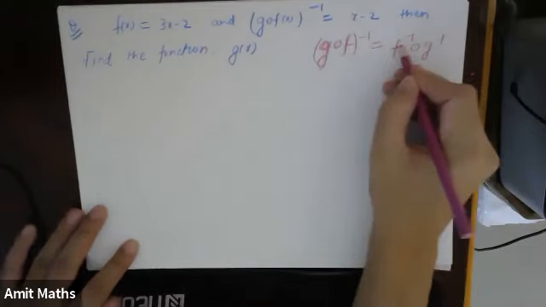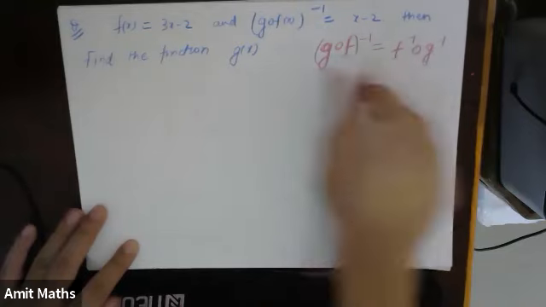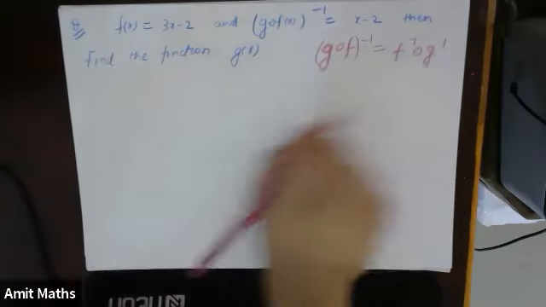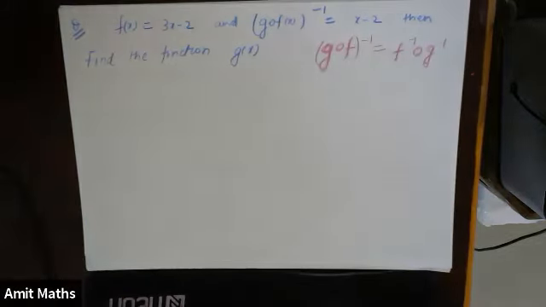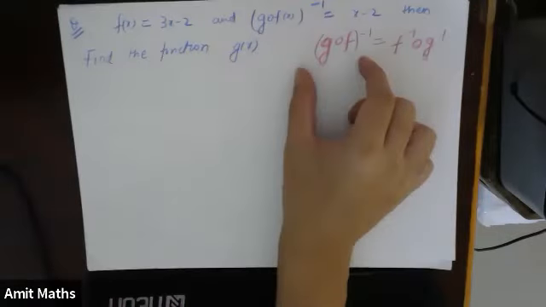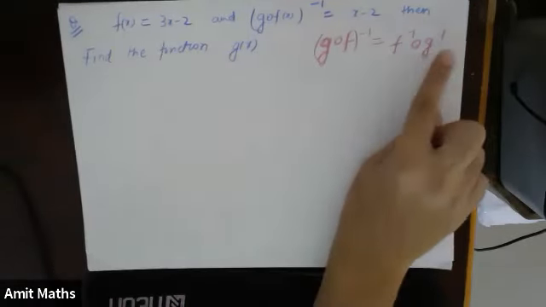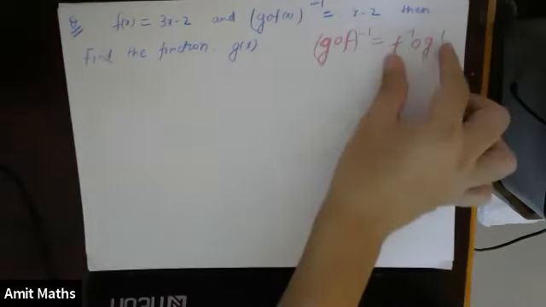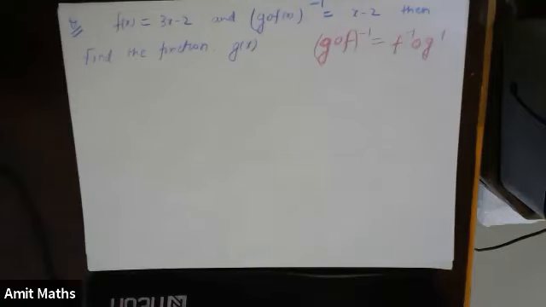So this is the question based on the same property. Try to solve this one. I'll give it some time, then I'll solve this. What is given? This part is given. You have to use this part to find g.